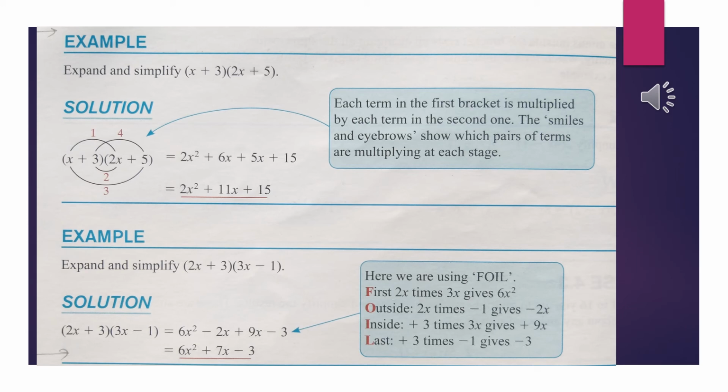Inside, 3 times 3x gives plus 9x. The last one gives plus 3 into minus 1, minus 3. And the final answer comes to 6x squared plus 7x minus 3 when you simplify the answer above.